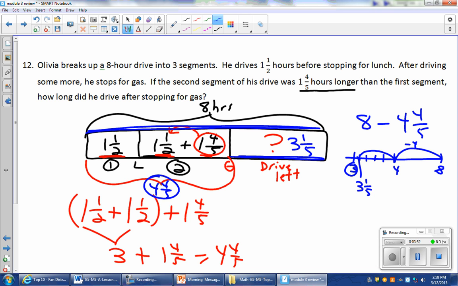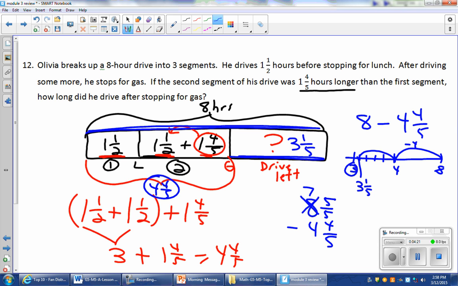If I wanted to do that with the standard algorithm, I would take 8 minus 4 4/5. I could not take 4/5 from nothing, so I borrow and make that a 7. If I borrow 1 whole in fraction form, what would it be? 5/5.